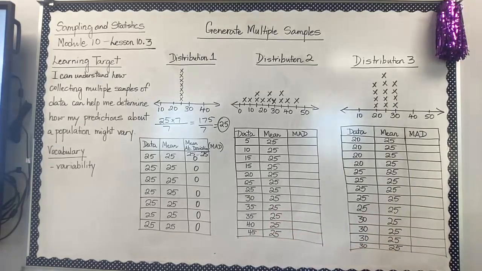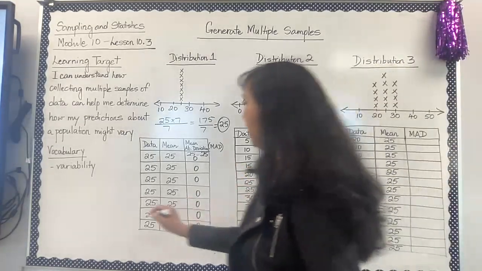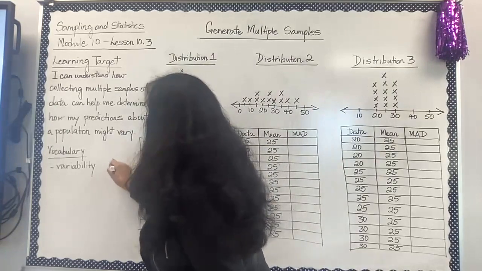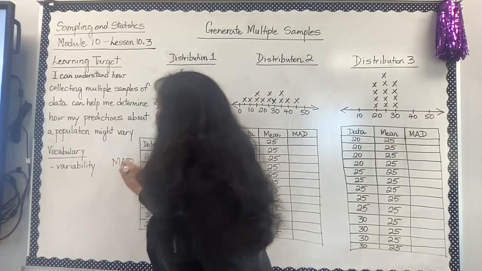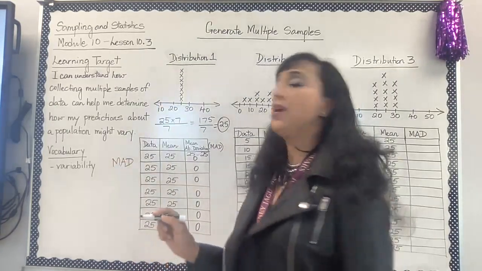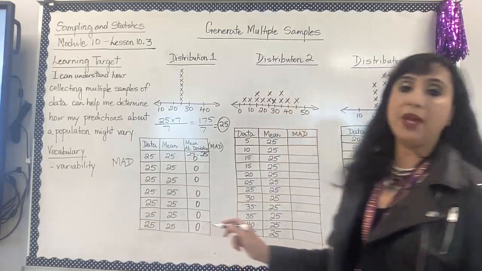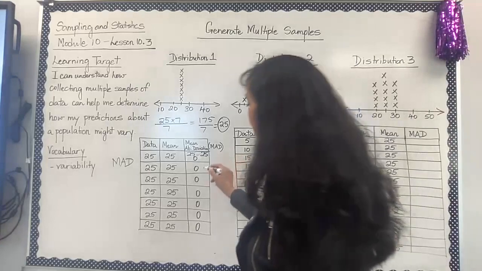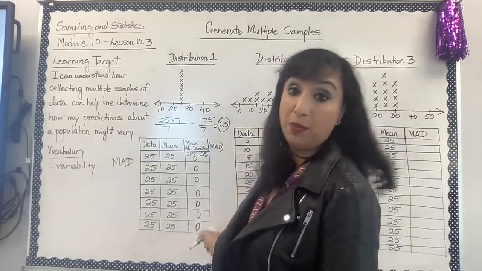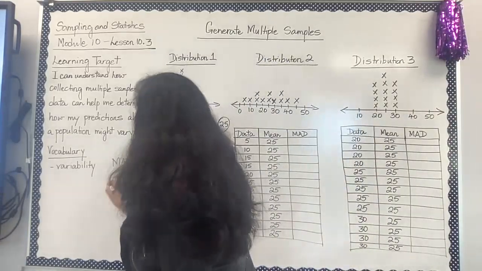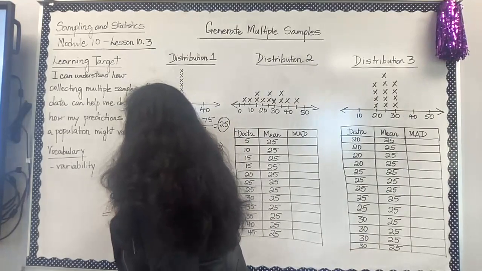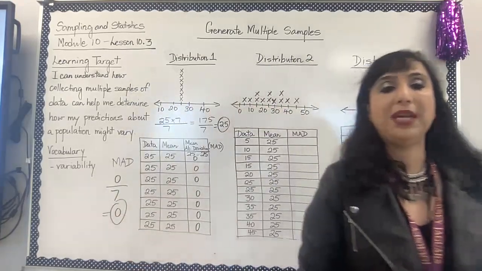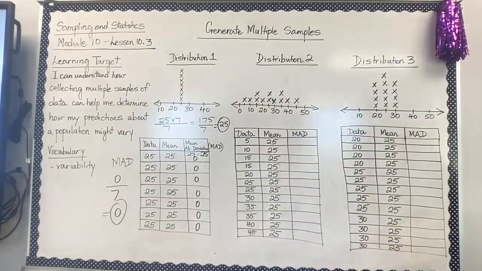And so the mean absolute deviation in this case, also called MAD, is going to be how many? I have zeros overall, because when I add 0 plus 0 plus 0 plus 0 plus 0 plus 0 plus 0, I get 0 divided by 7, which gives me 0, which is my mean absolute deviation.